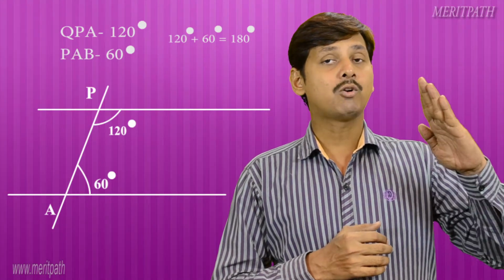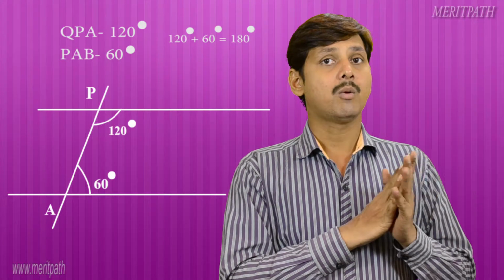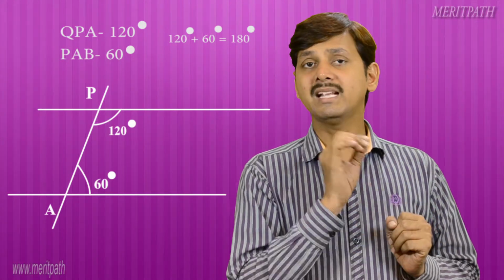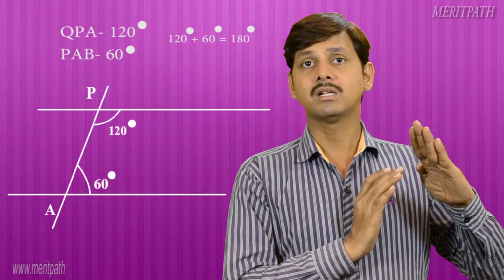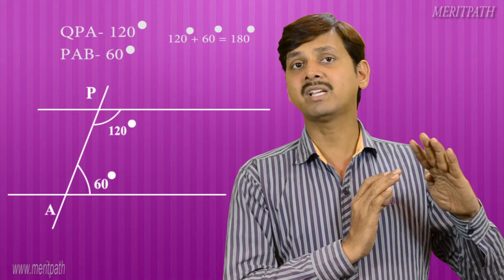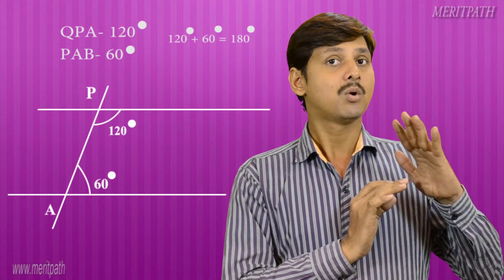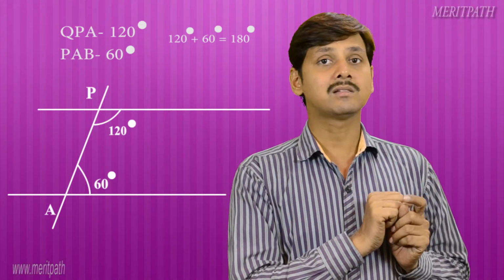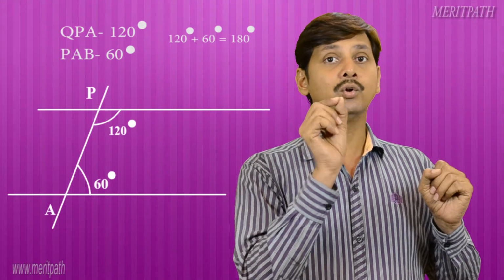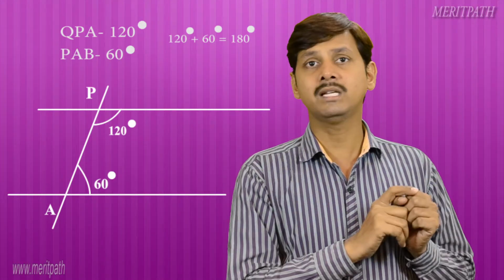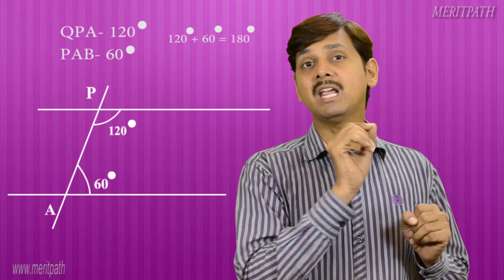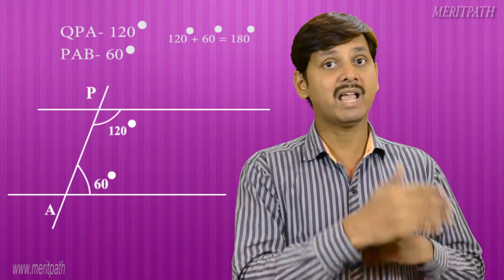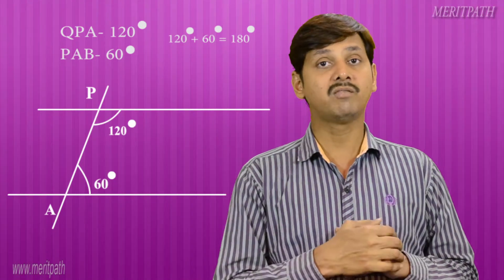According to this, when we consider AC as a transversal, the sum of 2 angles on the same side of the transversal becomes 180 degrees. That's why we have considered the sum of the angles, angle QPA is 120 and angle PAB is 60 degrees. The sum of 2 interior angles we have considered, because as we proved earlier.